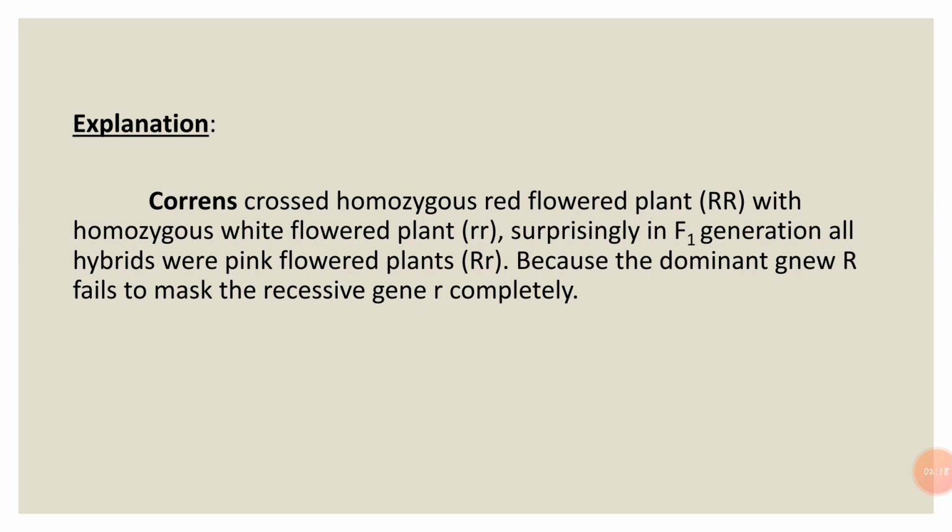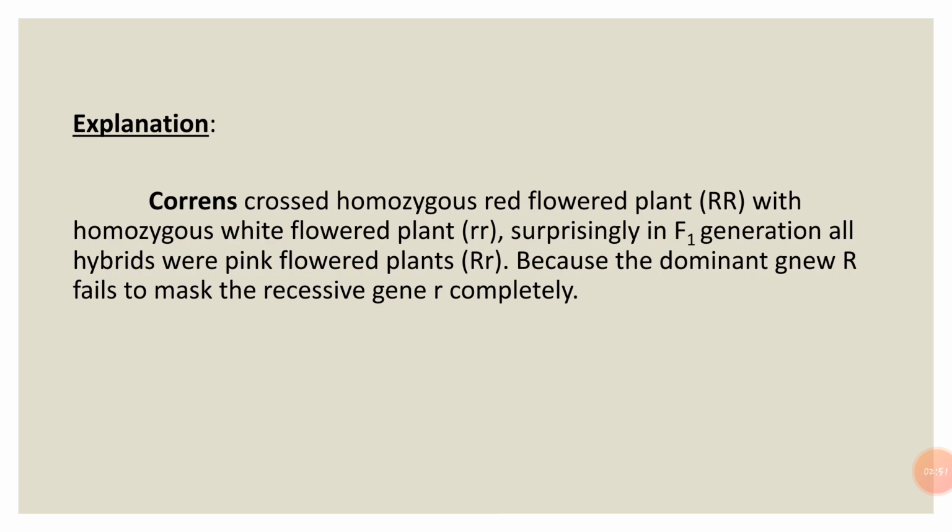When Correns crossed the homozygous red flowered plant with a homozygous white flowered plant, surprisingly in the F1 generation all the hybrids were pink flowered plants, because the dominant gene R fails to mask the recessive gene r completely. Here Mendel had taken the pea plant and selected the two traits, the homozygous tall and the homozygous dwarf, and in the F1 generation he observed that all the offspring were heterozygous tall.